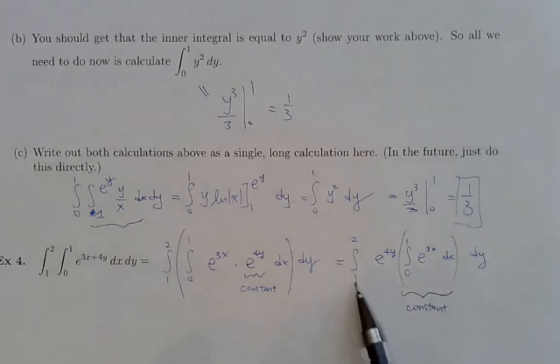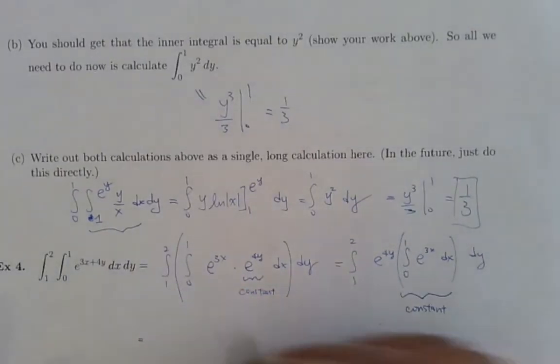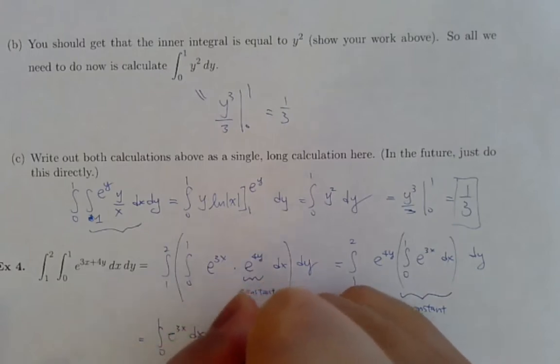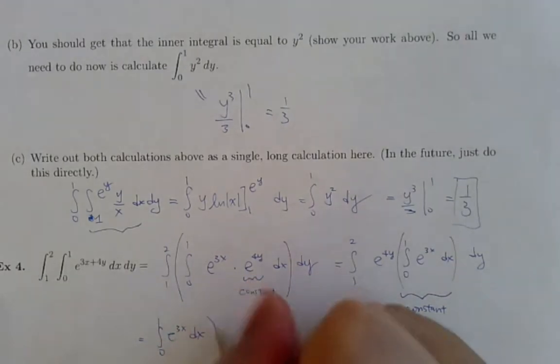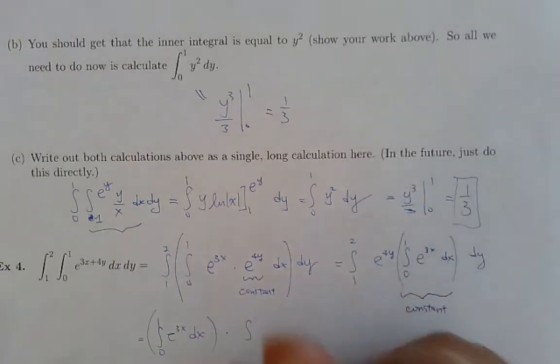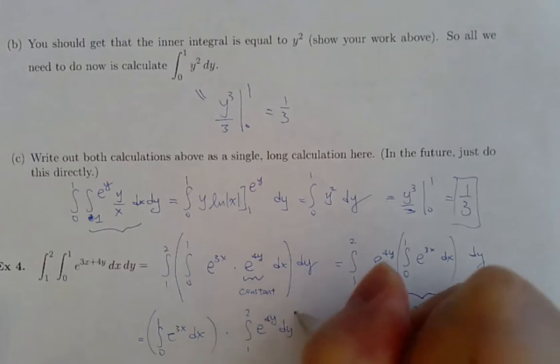So now we have an integral with respect to y of e to the 4y times a constant. We can pull the constant out in front. That's the constant in front times the integral from 1 to 2 of e to the 4y dy.